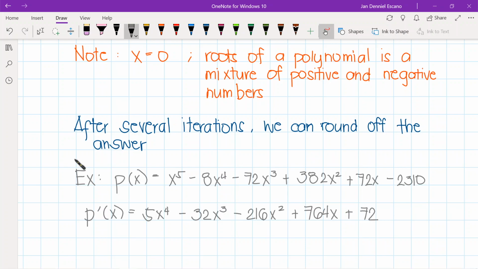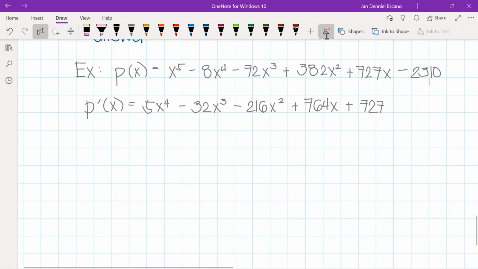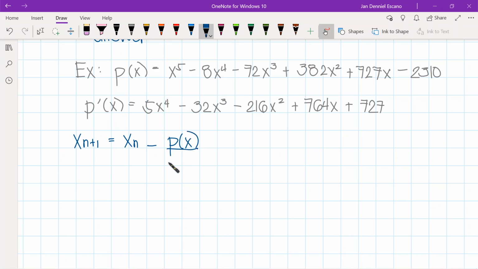So that is the differentiated polynomial. So we just substitute this into our equation x sub n plus 1 is equal to x sub n minus p of x n over p prime of x n.